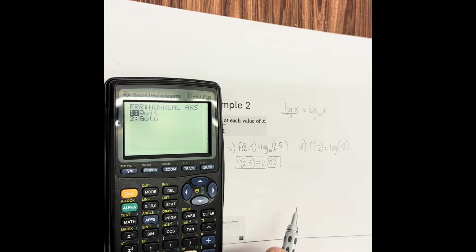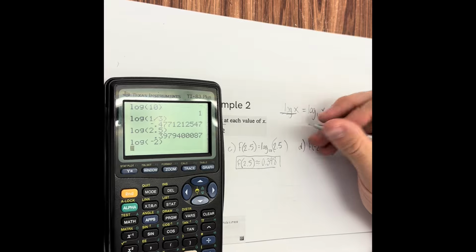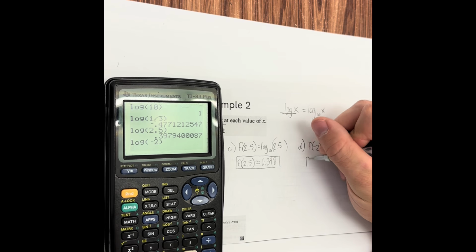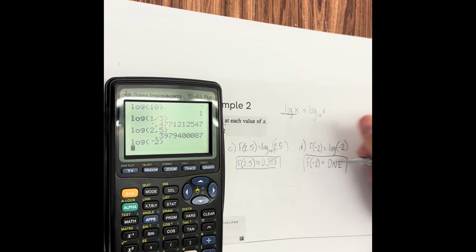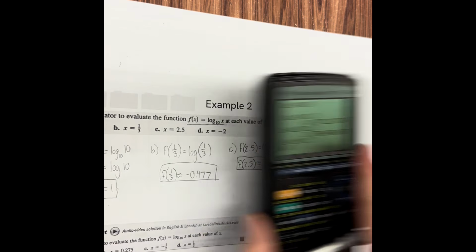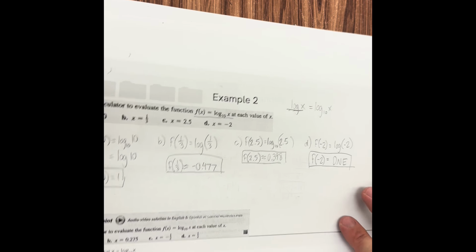It's going to give us a non-real answer. We can't take the log of a negative number. So f of -2 does not exist. So log base 10, same thing as log on your calculator. You just plug that in.